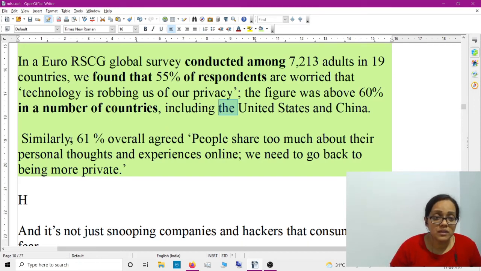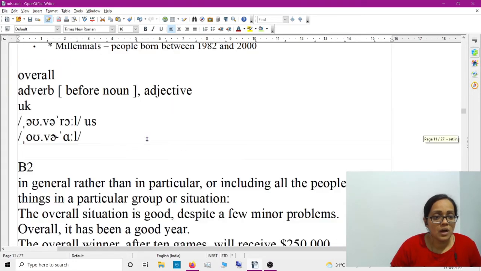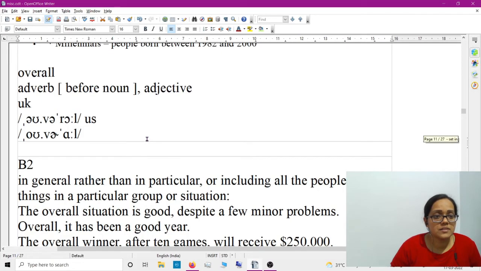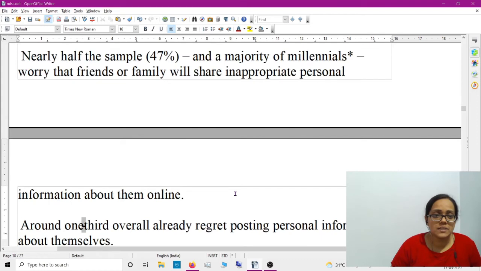So similarly 65% of overall, see overall, overall means in general, that is the meaning of overall.